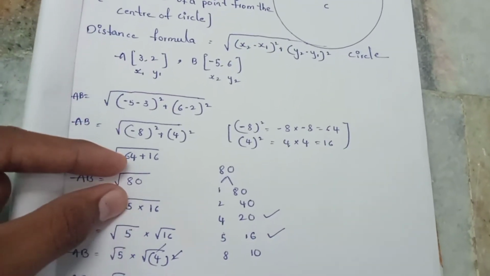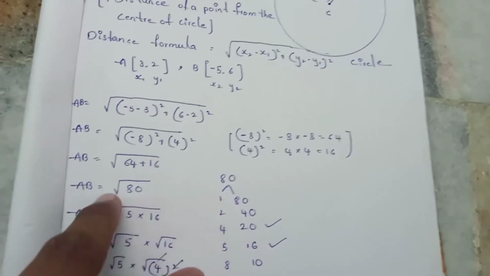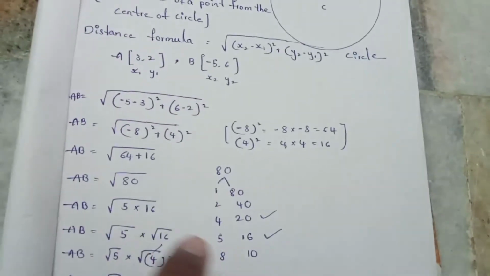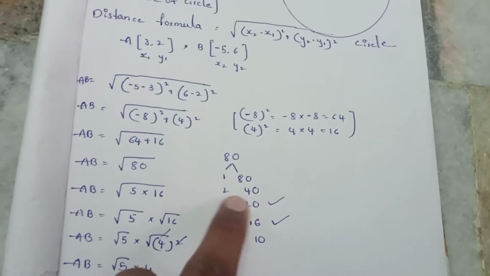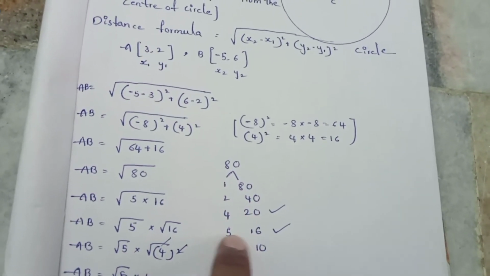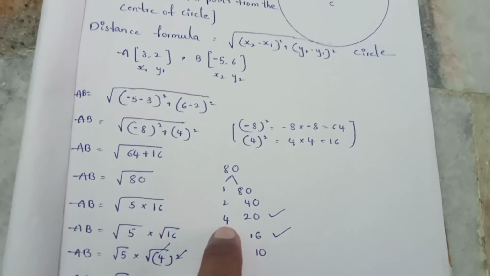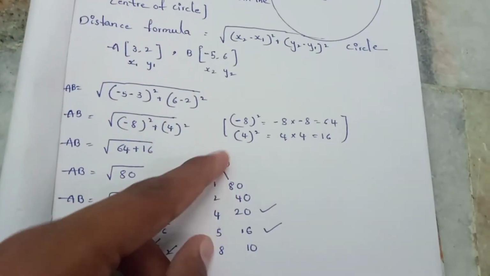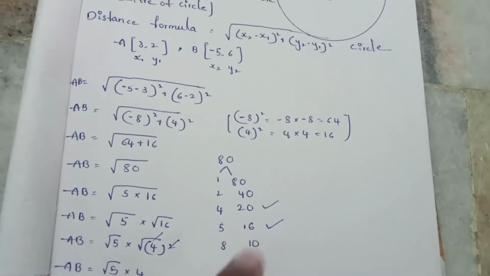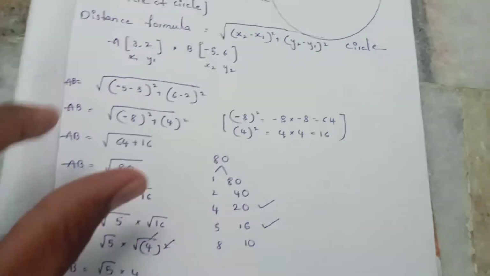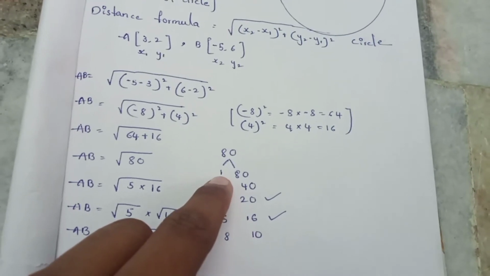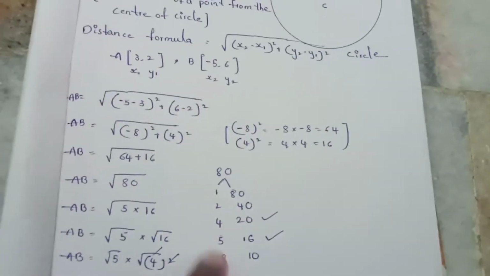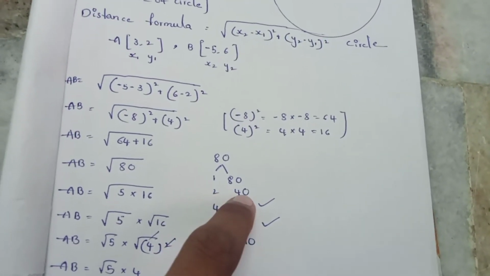So let us write 80 using perfect squares. For that, we have to write the factors of 80: 1 into 80, 2 into 40, 4 into 20, 5 into 16, 8 into 10. Among these factors, we have to find the perfect square. 1 can be written as a perfect square, but leave it first. 2 is not a perfect square, 40 also not.